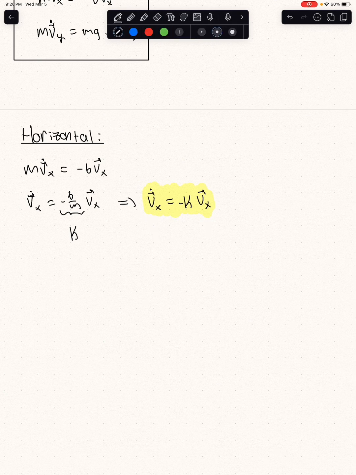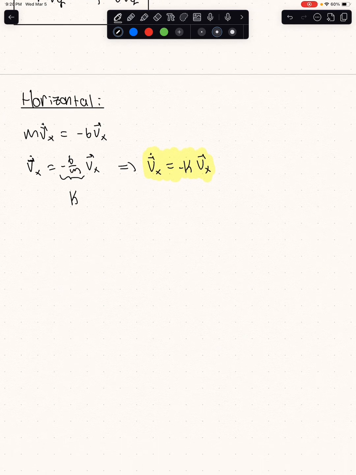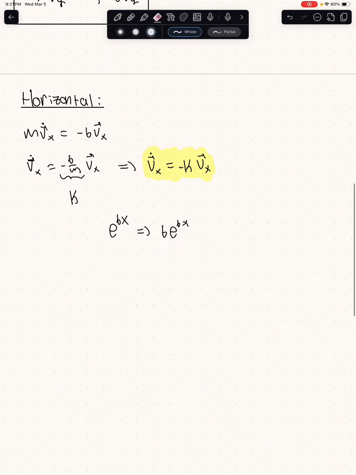And that only happens from exponential terms, right? If you have e to the bx and you're differentiating with respect to x, that would give you b e to the bx, right? You have your original function. The first derivative of this function gives you the original function multiplied by some constant.